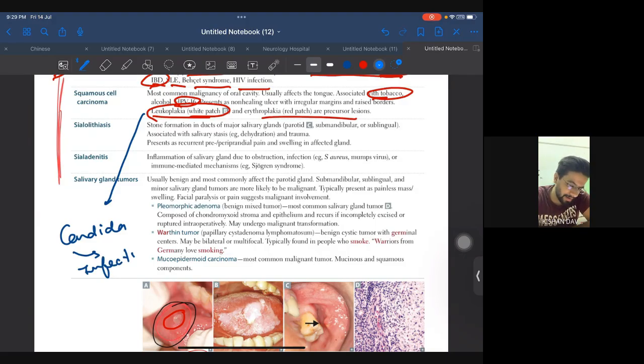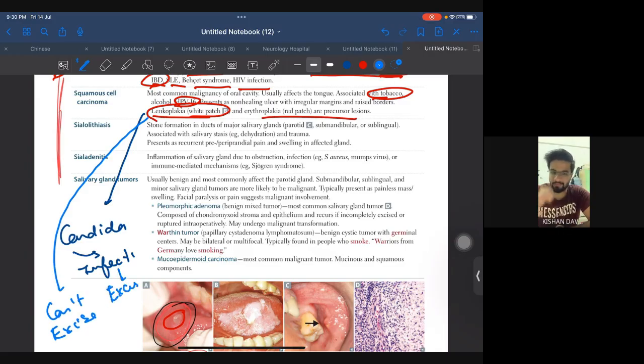So leukoplakia जो होगा ना, you can't excise it, but candida you can excise it. Okay, ऐसे रिमूव कर सकते हो candida को, but leukoplakia you can't excise it. Okay, so if leukoplakia is occurring, it means it is involving your entire internal system, immune system. Okay, so that's it.